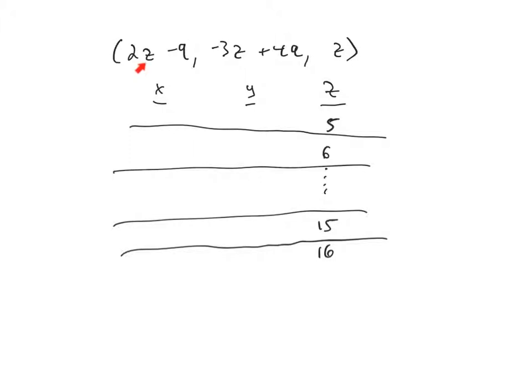I'm going to get 2 times 5, which is 10, 10 minus 9, which is going to give me 1 of the forks. And if I put that in for y, into the y expression, I'm going to get negative 15 plus 49, and that's 34. And that's going to make up the entire box of 40 utensils right there.